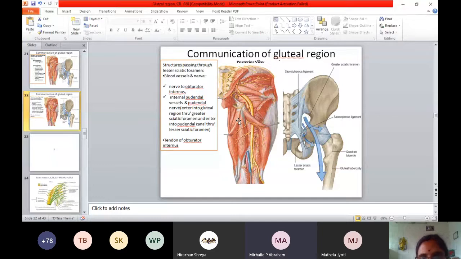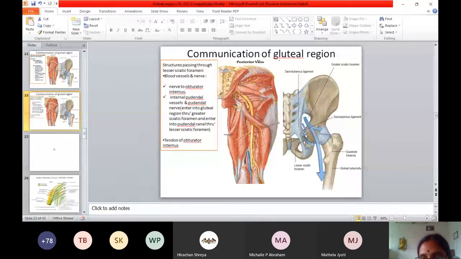Now, structures passing through the lesser sciatic foramen. Here it is very important. See the three important structures which enter into the gluteal region through the greater sciatic foramen and wind around the ischial spine and sacrospinous ligament and enter into the pudendal canal in the lateral wall of the pelvis.